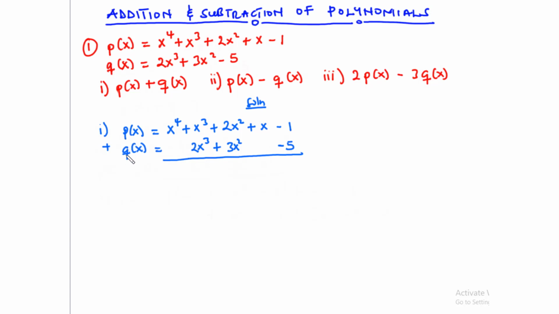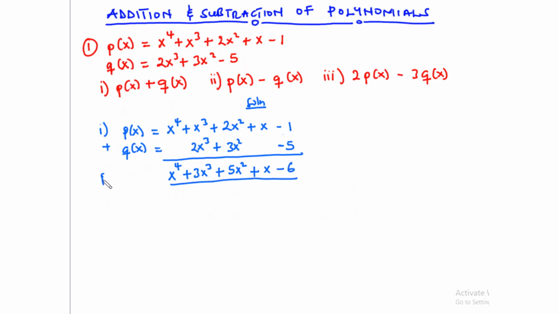Now let's add p of x and q of x. x exponent 4 plus 0 is x exponent 4. x cubed plus 2x cubed is 3x cubed. 2x squared plus 3x squared is 5x squared. x plus 0 is x, and then negative 1 plus negative 5 is the same as negative 1 minus 5, which is negative 6.